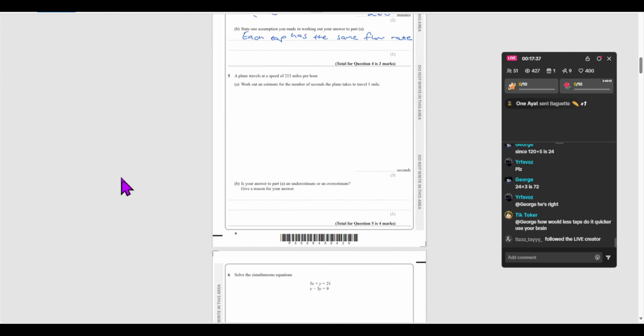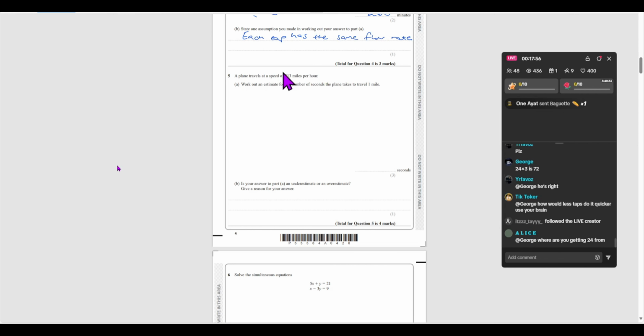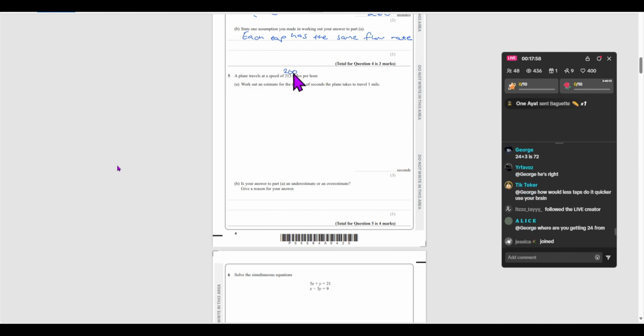Now, question number 5: a plane travels at a speed of 213 miles per hour. Work out an estimate for the number of seconds the plane would take to travel 1 mile. Now, for an estimate, we will round this to one significant figure, so we'll put this as 200, to one significant figure.